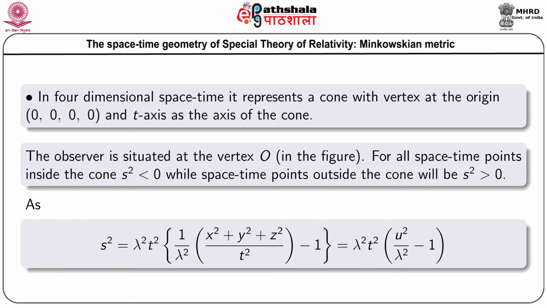Now, from the last expressions we have s square equals lambda square t square times the bracket of 1 by lambda square times (x square plus y square plus z square) by t square minus 1, and that can be written as lambda square t square times (u square by lambda square minus 1).